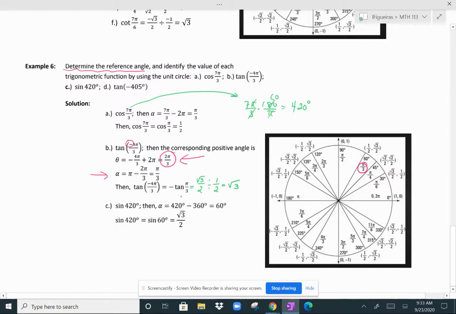So when I look at my unit circle, I have to do sine divided by cosine, but remember, you have to carry that negative across. So I have the negative of sine divided by cosine, so my tangent value is negative root 3.